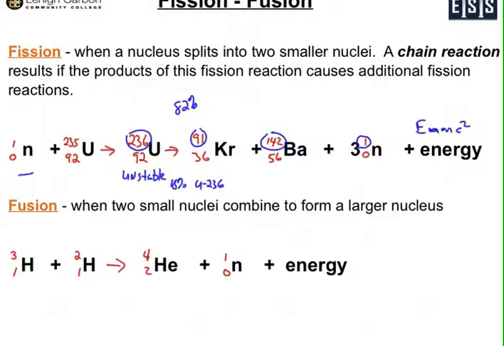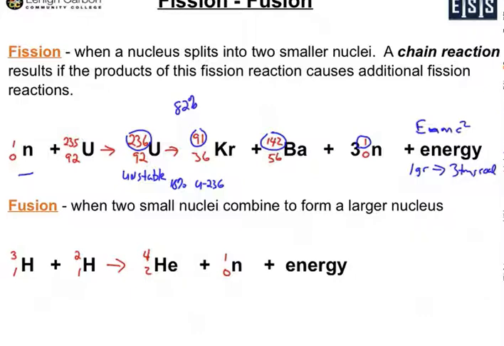And in this fission reaction with uranium-235, if you can react 1 gram of U-235, that's equivalent to 3 tons of coal being burned. So you get a lot of energy, even though it's a minute amount of mass being converted to energy. Because of E equals mc squared, you get a huge amount of energy.